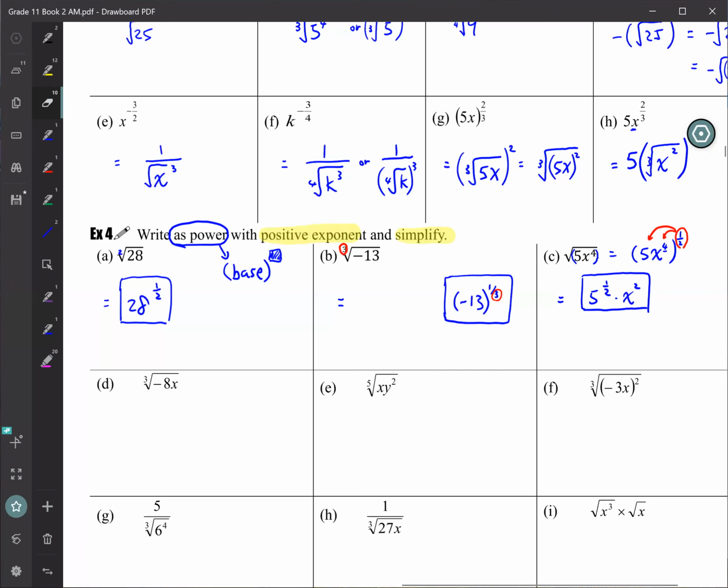If you understand that one, you can try D. We'll do 3 more. I'll let you do D, E, F, and then we'll go over all 3 together. You can raise your hand when you finish D, E, F.